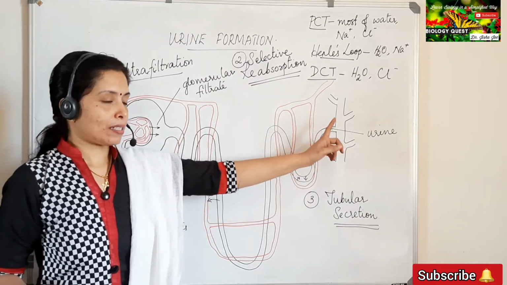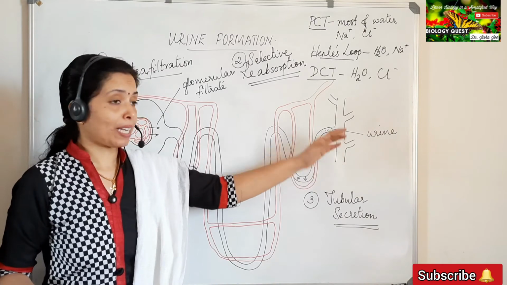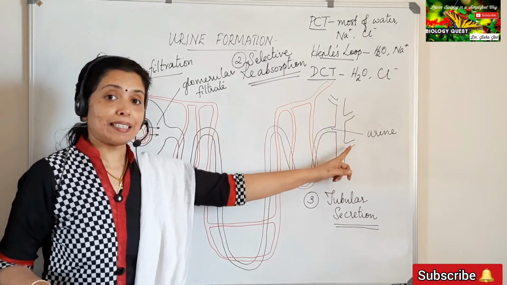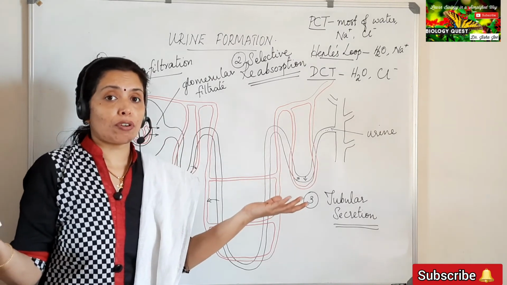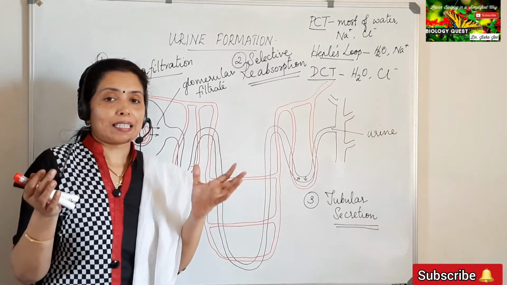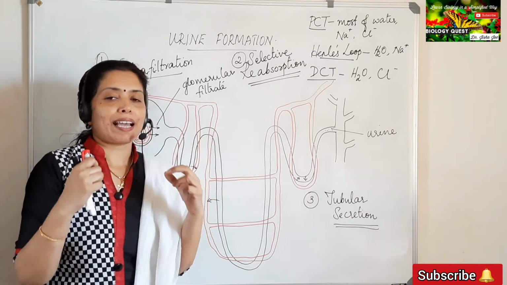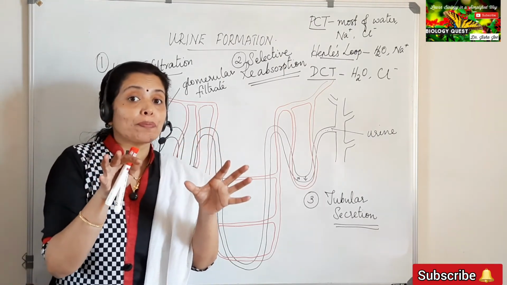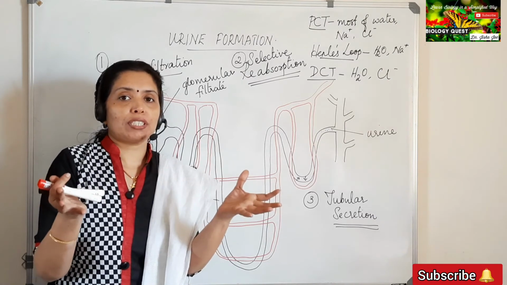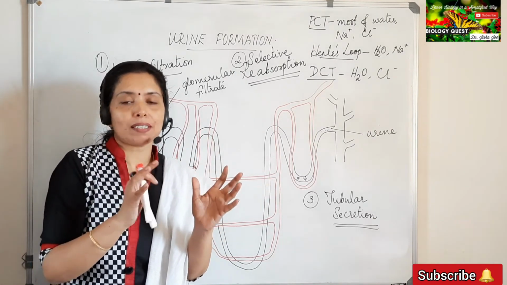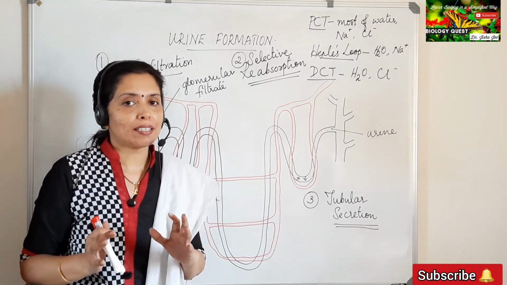Now the urine passes into the collecting duct. We have seen in the previous class that the collecting duct receives the DCT of several different nephrons. The collecting duct receives the urine from all these nephrons and pours it into the expanded portion of the ureters, which is the pelvis. And from the pelvis, the urine passes into the ureters.